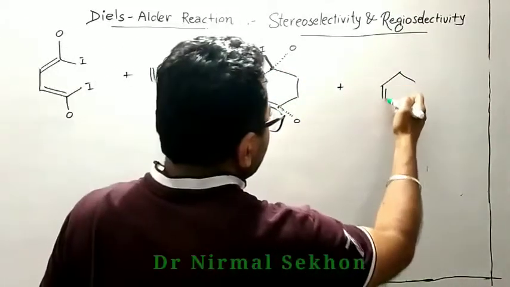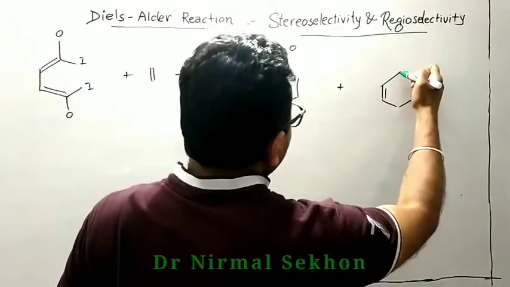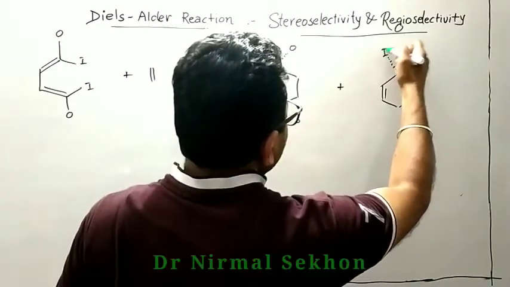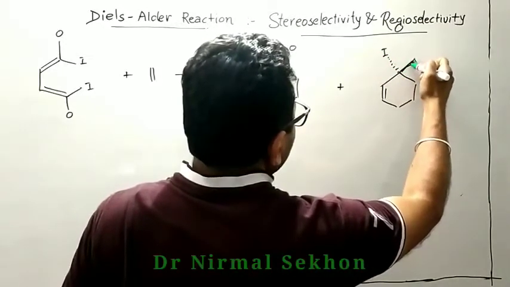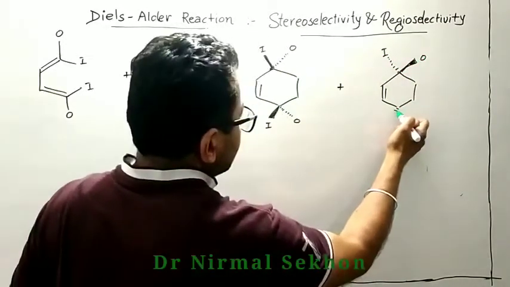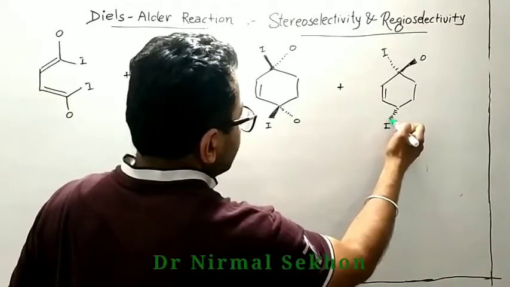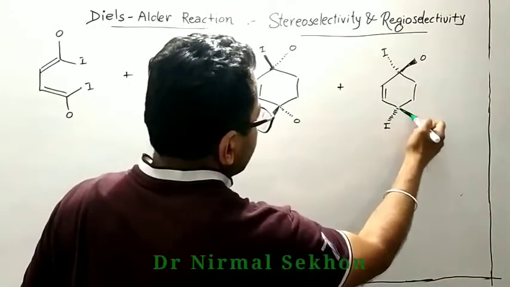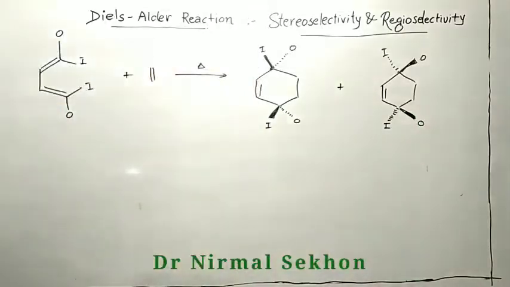So then we can get 2 isomers: inside, this is outside, inside, and here we get outside.